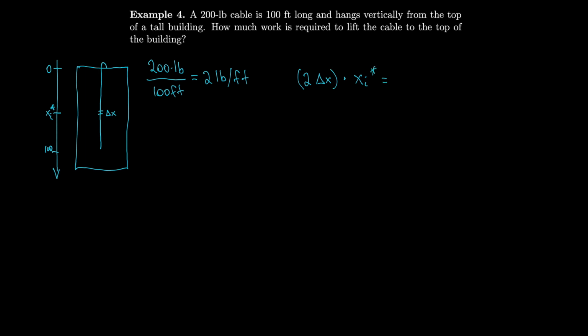That means 2 xi star times delta x is the amount of work needed to move this tiny little piece. If I add up the work for the previous piece, the next piece, and the next piece, all of those little work amounts for all of those little pieces of cable, then I'll have the work done to lift the cable all the way to the top of the building.